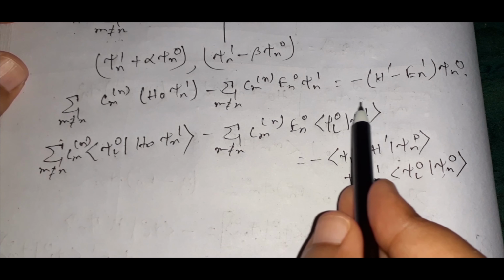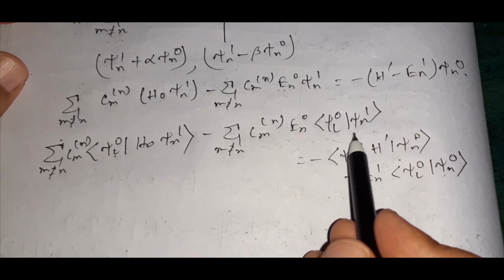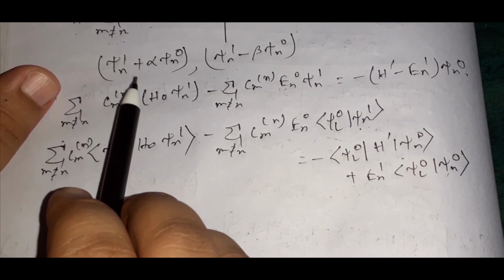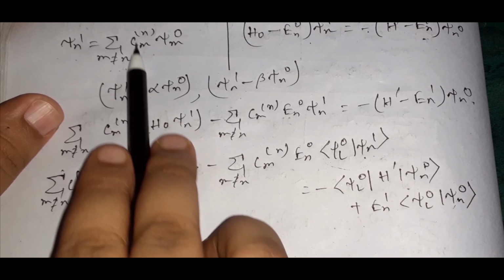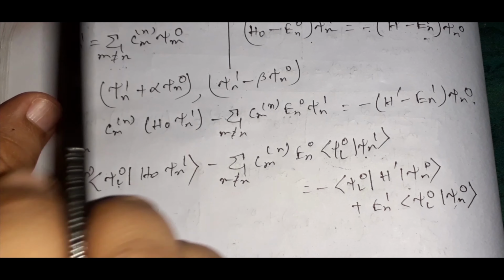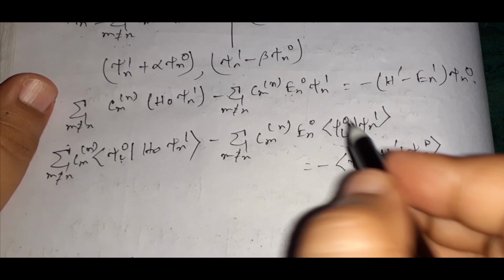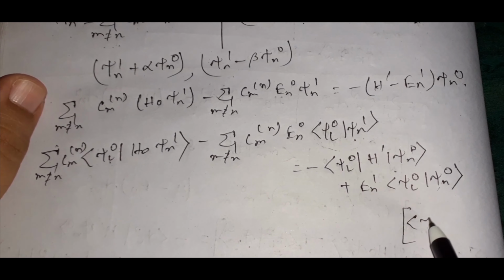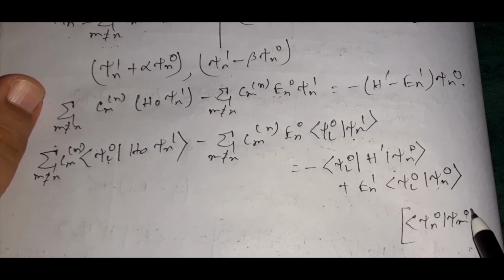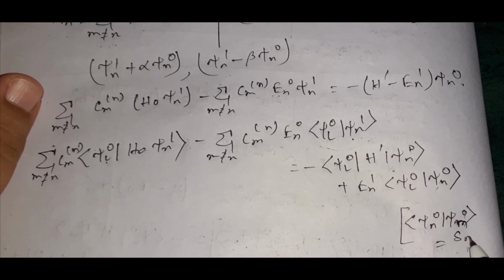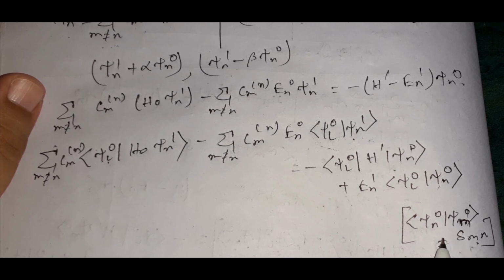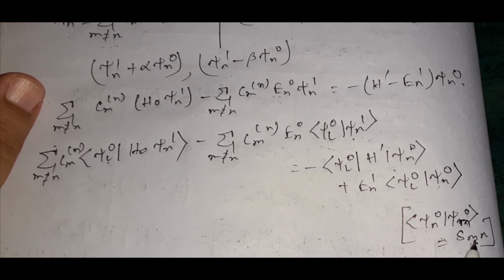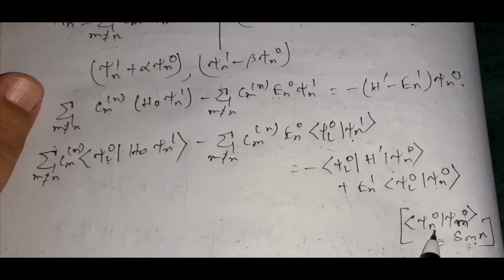We get that this definitely will be 0. Why? I told you earlier that ψn1 does not consist of m equal to n. So that's why, by the orthonormal condition, which is ψn0 ψm0 equals delta mn, the Kronecker delta, if m is equal to n, then this gives us 1, and if m is not equal to n, this will be 0.